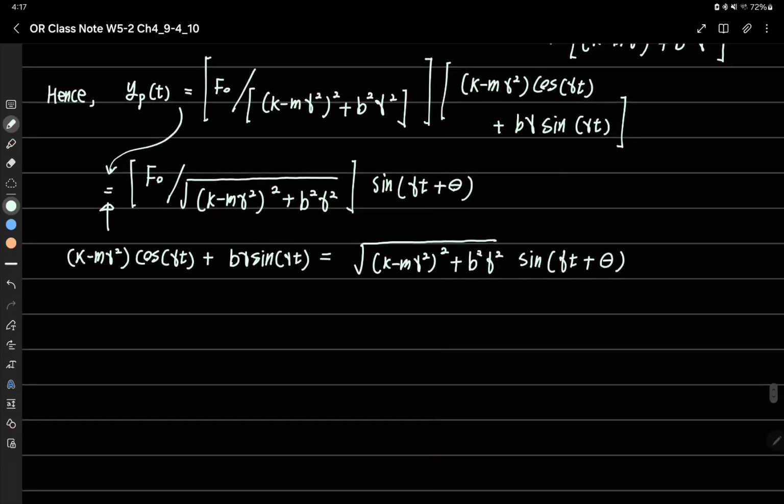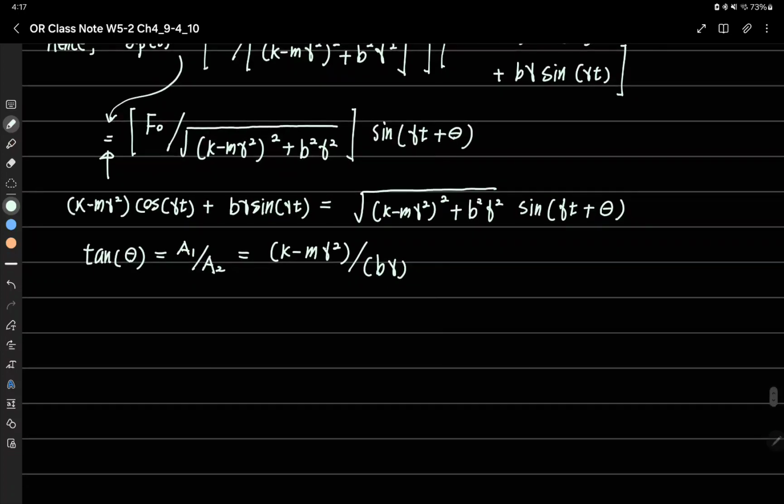So the phase angle theta is going to be the tangent inverse of a1 over a2, which is (k minus m gamma squared) over b times gamma. And finally we filled out the general solution.